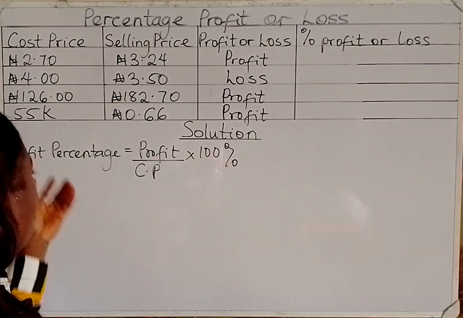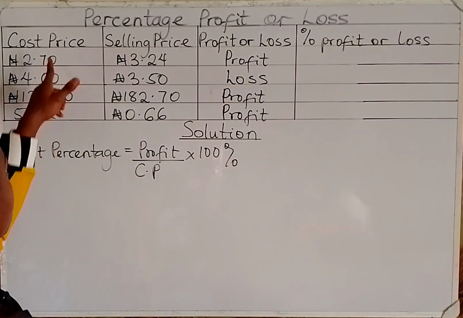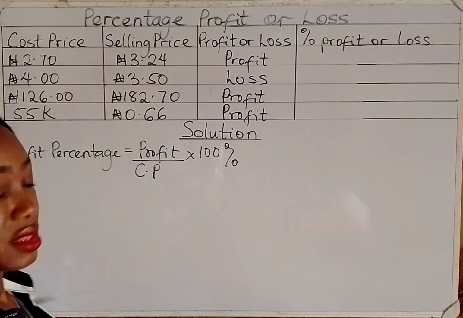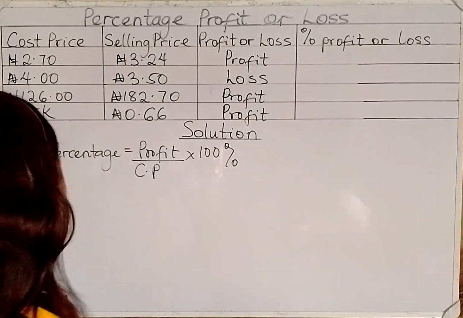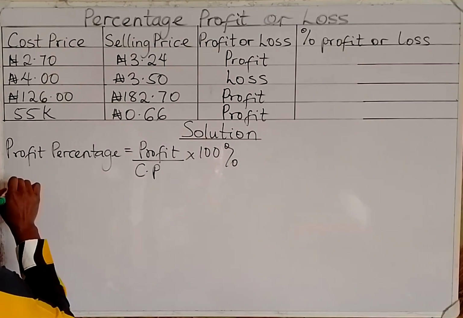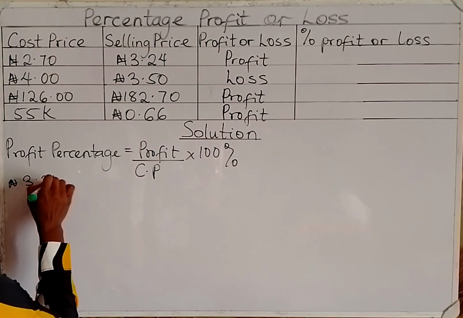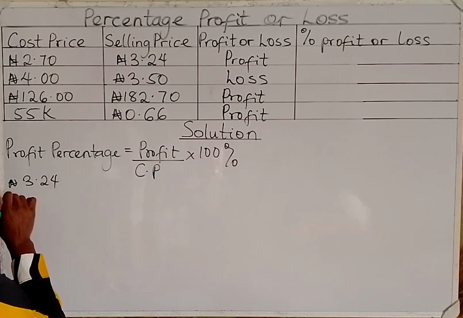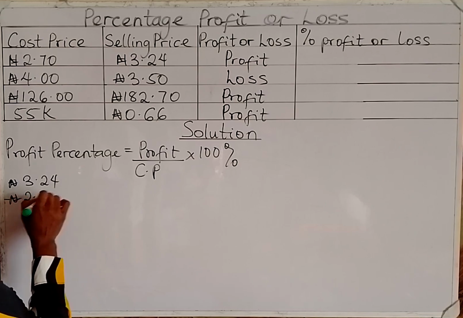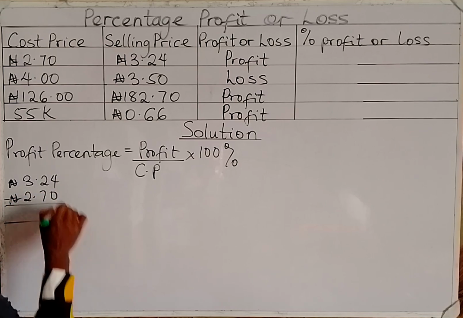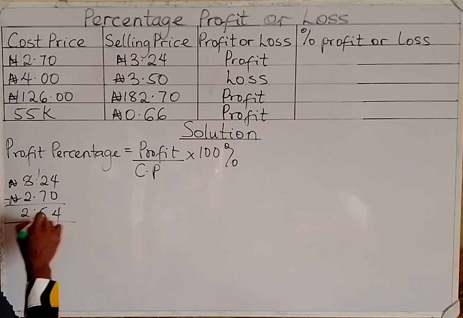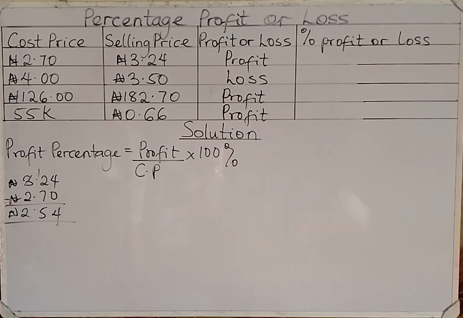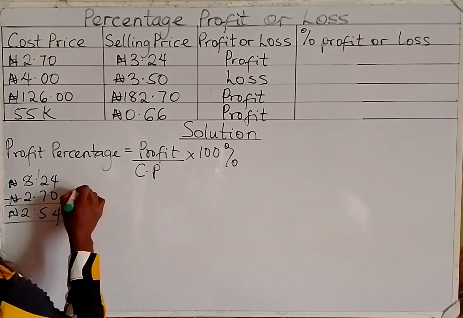So what is the profit from 2 naira 70 kobo and 3 naira 24 kobo? We're only going to do a simple subtraction: 3 naira 24 kobo minus 2 naira 70 kobo. So we want to know the profit gain here. This is 54 kobo, which is the profit. And how do we get the percentage of the profit?